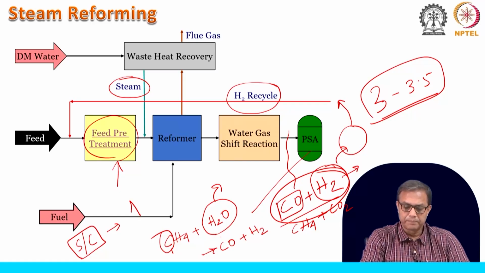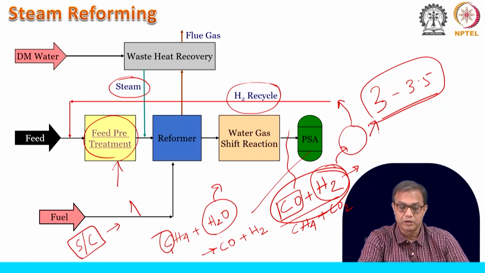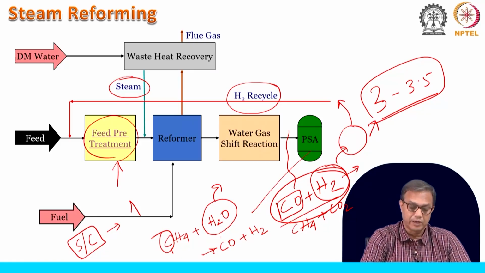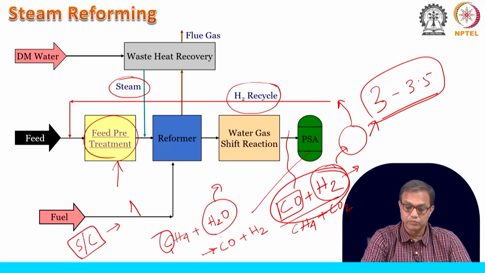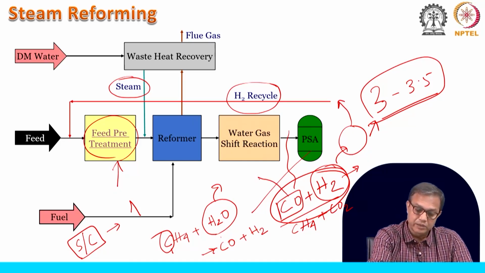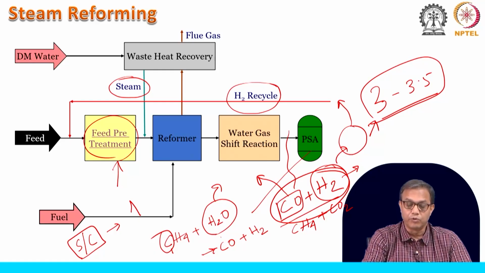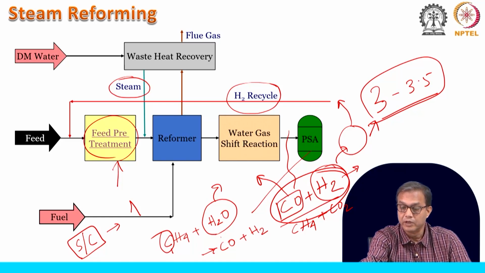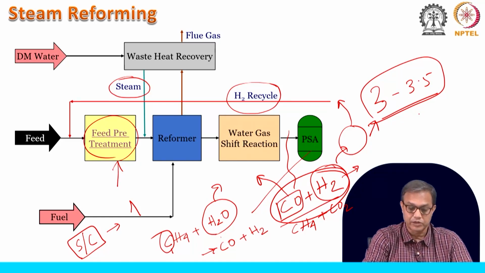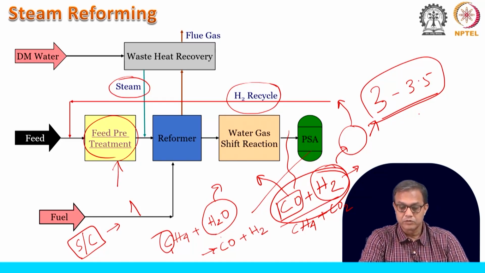So, we need to keep in mind that we are putting additional steam into the system, and that will help us generate more hydrogen. But if you need more CO content, then the steam content will be slightly less in quantity. So, this is what we have to keep in mind.